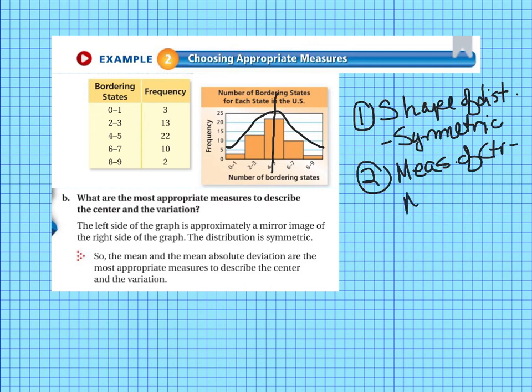Which is the mean. And then 3, we find our best measure of variation, which in this case is the MAD.